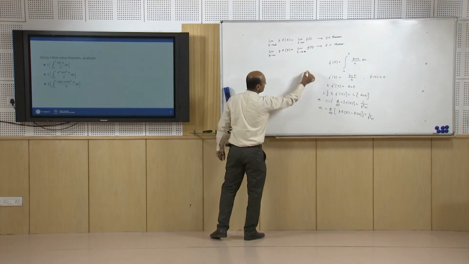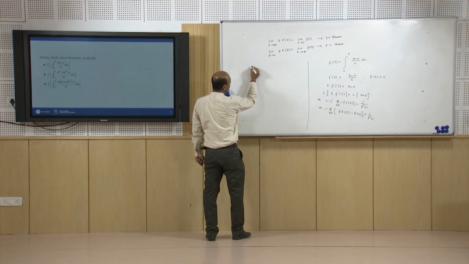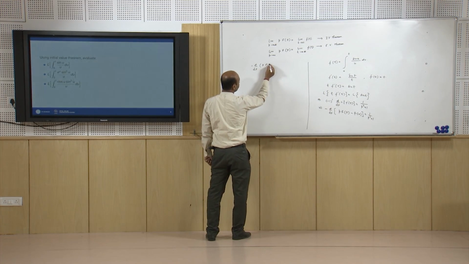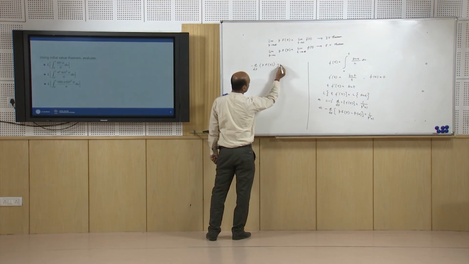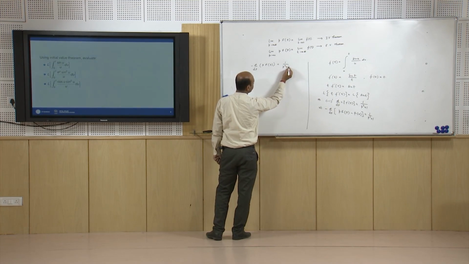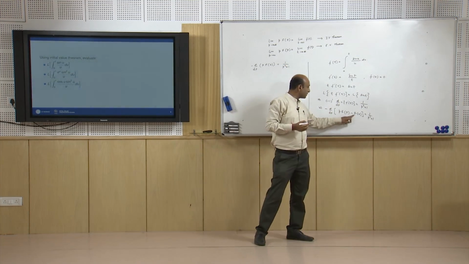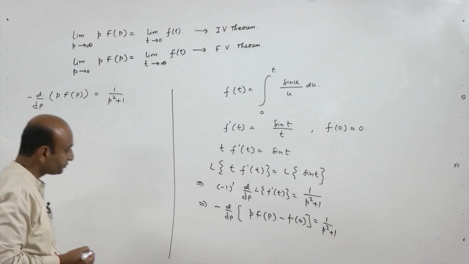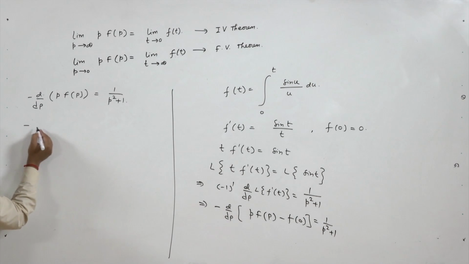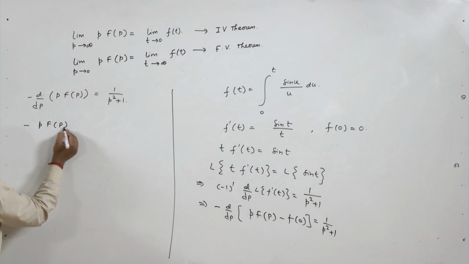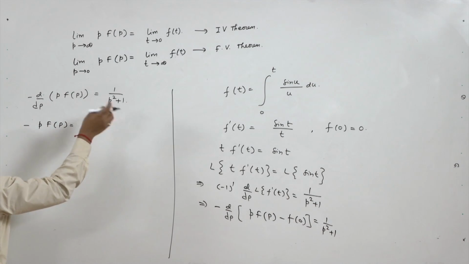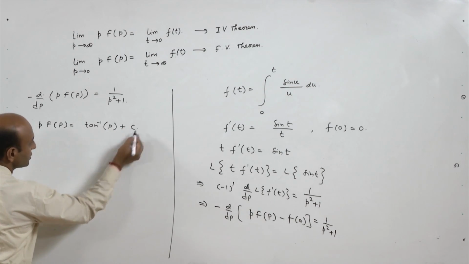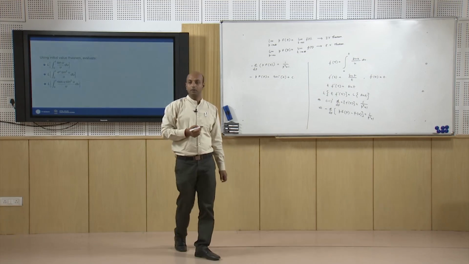So this expression can further be written as minus d by dp of p F(p) equal to 1 upon p square plus 1. Take integration on both sides with respect to p, so minus p F(p) is tan inverse p plus some arbitrary constant c, because it is an indefinite integral, okay.